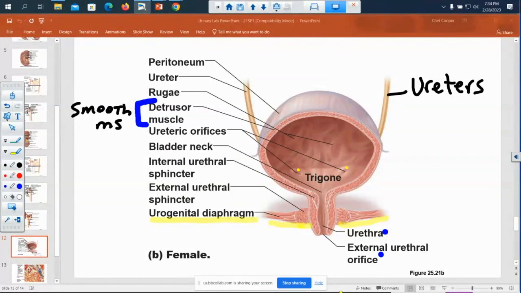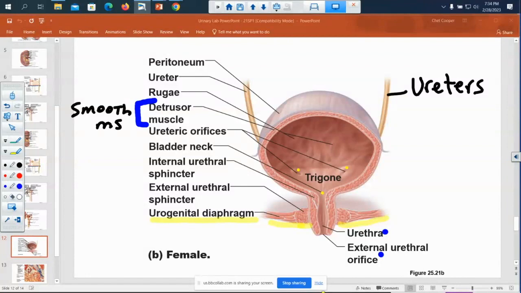So these are the openings for the ureters, and this is the opening for the urethra. And why do you think they call it the trigone? Yeah, because it forms a little triangle in the floor of the bladder there. Okay.